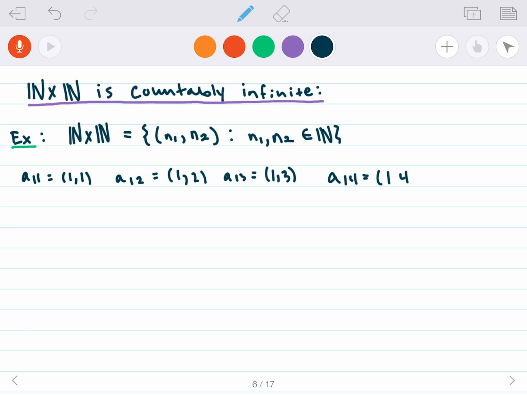And this thing is going to go on and on because natural numbers go on and on. Second row, first column, 2, 1. Here's 2, 2. And so forth.